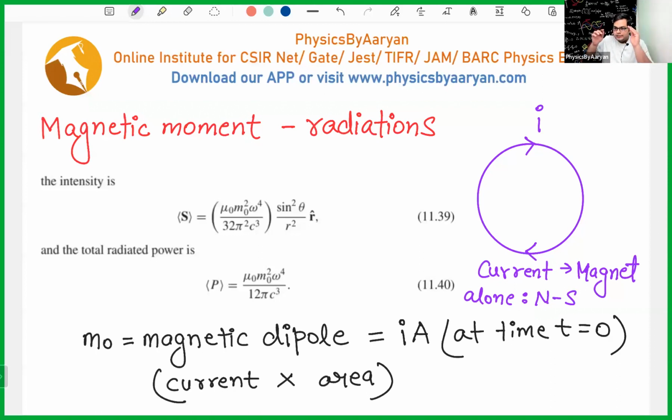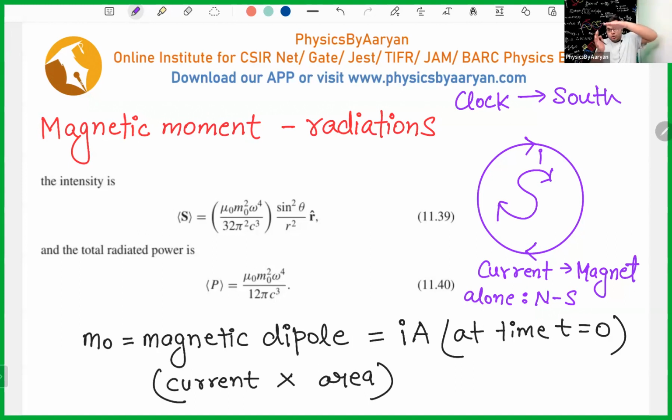If you look at this loop from the top, you see clockwise current, and clockwise basically means south. But if you look at this loop from the other side, you will see anti-clockwise, and anti-clockwise basically means north.